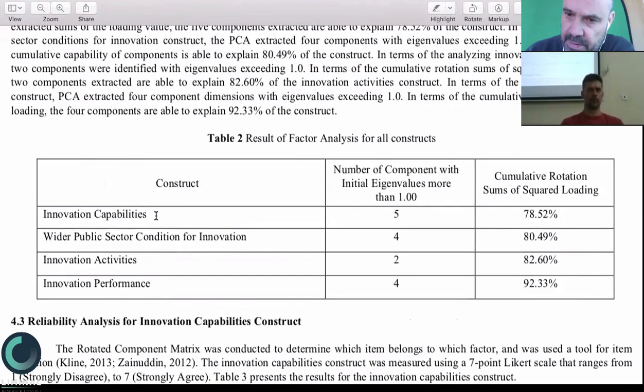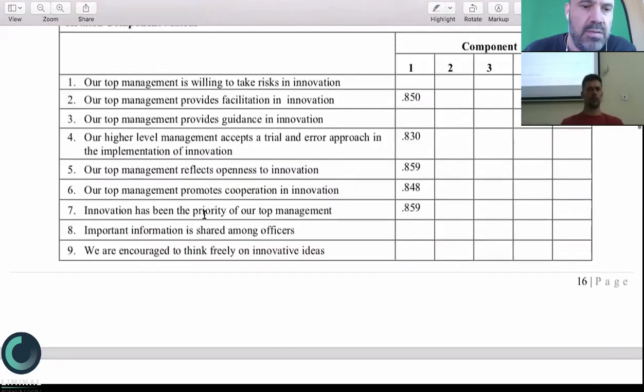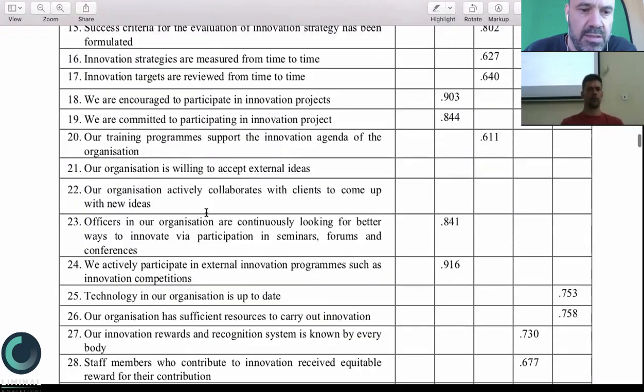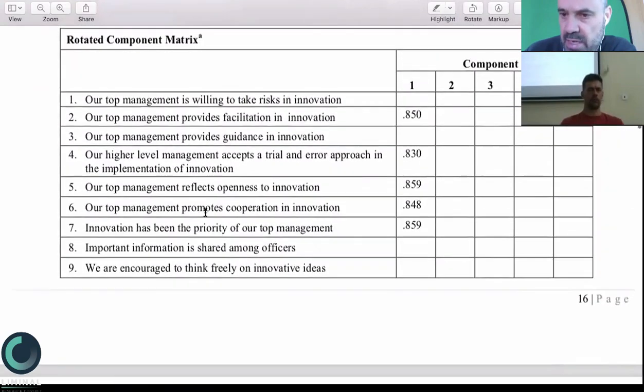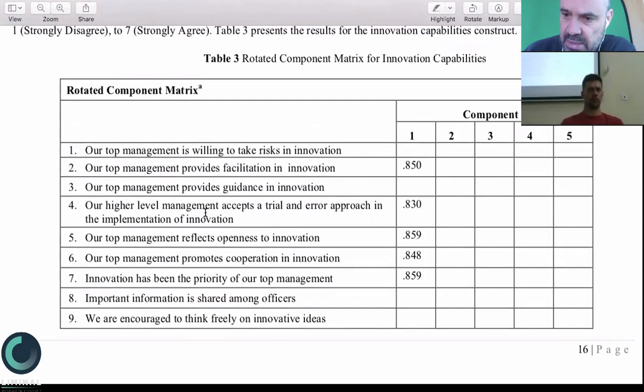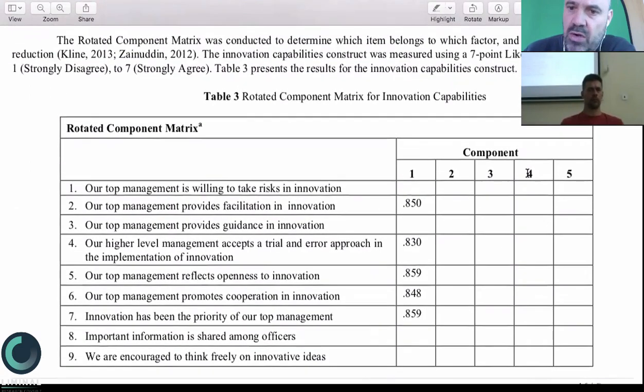So we want to make sure we're really measuring what we're supposed to measure. So we'll have a lot of Likert scale statements on innovation capabilities. There are 29 Likert scale statements, and that's all about innovation capabilities. Now we do the factor analysis, and from the factor analysis, we'll get constructs that are valid.